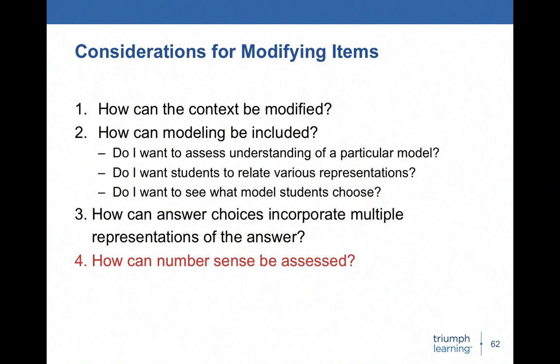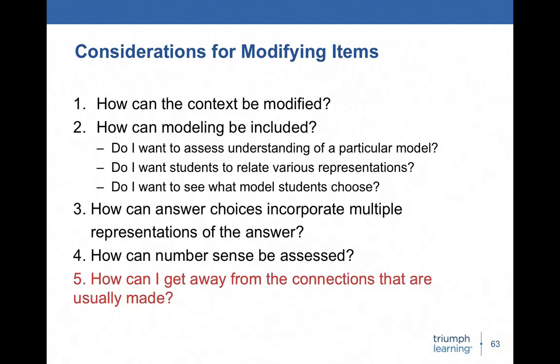Secondly, can you connect the concept to models? Oftentimes there's a lot of different models you can use. Think about which model you want to connect to, or do you want to allow students to choose their own model? Sometimes the answer that you're looking for has equivalent forms. This is like with the mixed number that we looked at earlier.